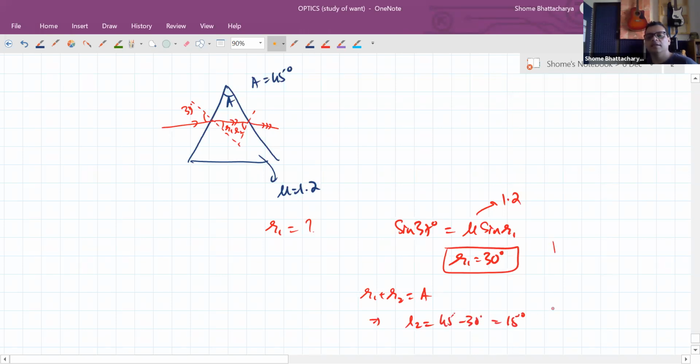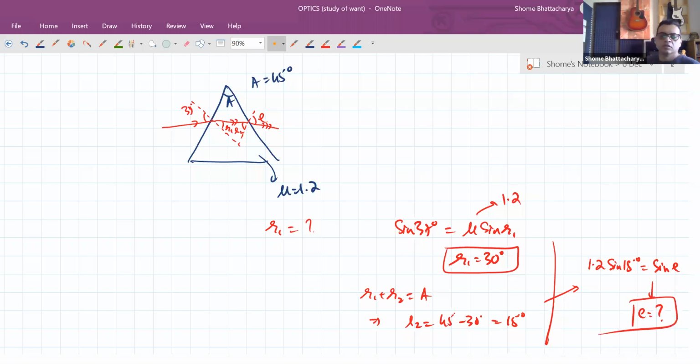And then we would have used Snell's law again to find the angle of emergence, that 1.2 times sine 15 degrees is equal to sine of the emergent angle, and from this we would have found the angle of emergence. So this is the general method of doing the calculation.